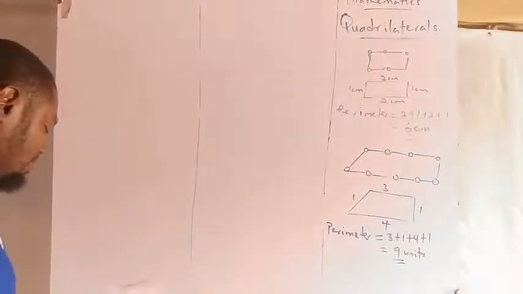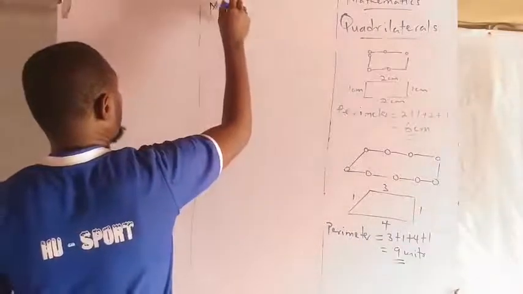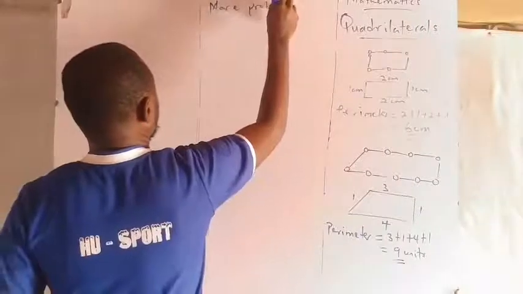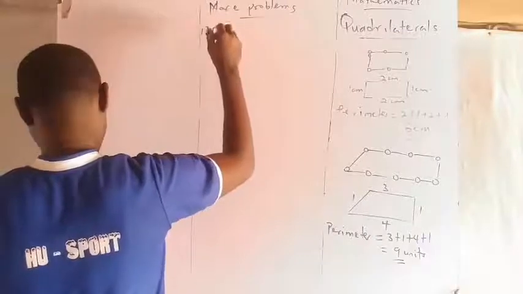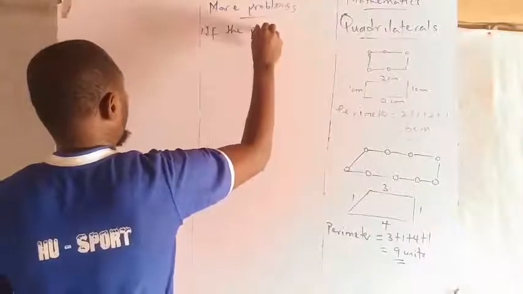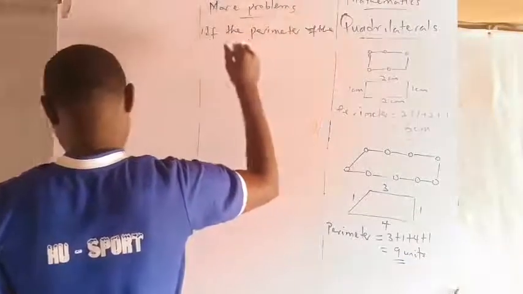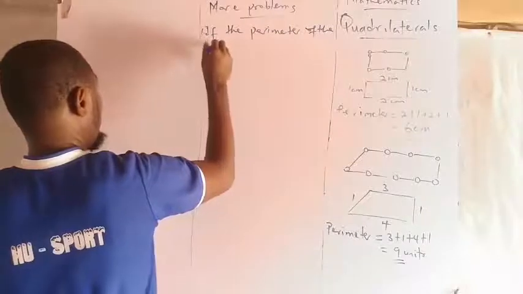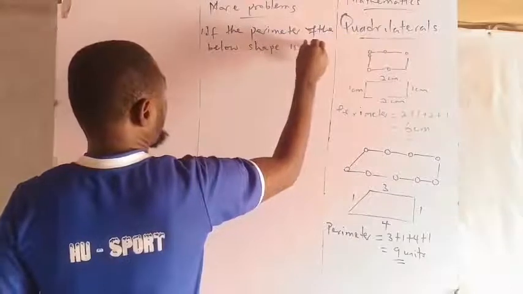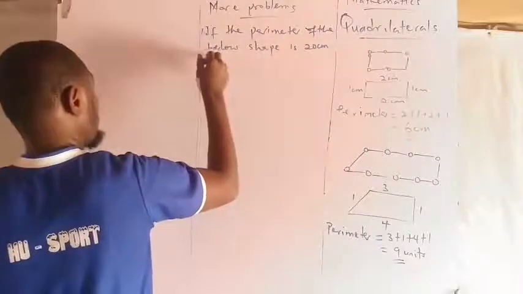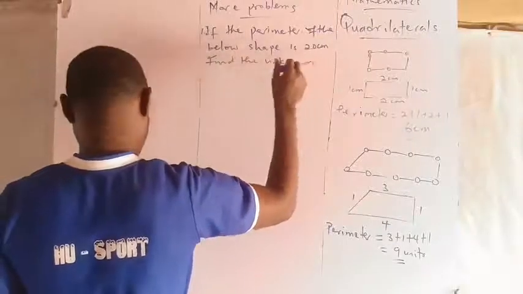Look at this problem. More problems. As number 1, if the perimeter of the shape below is 20 centimeter, find the unknown side.